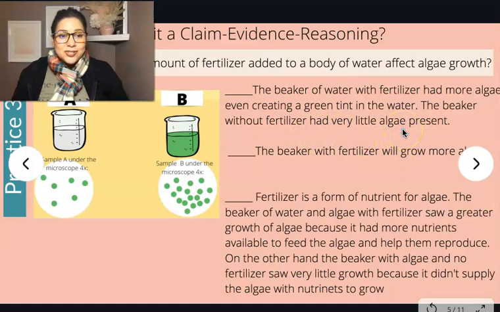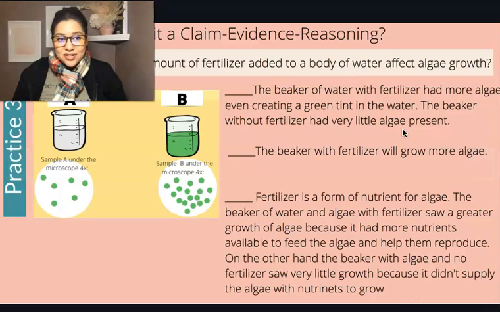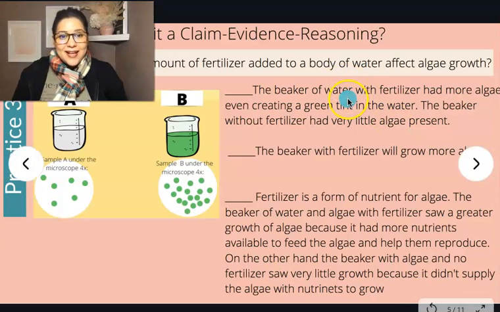Now, these are qualitative observations, qualitative data, and so this counts as evidence. The first statement is an example of evidence. The second statement reads, the beaker with fertilizer will grow more algae. This is a strong statement, and we call this a claim.